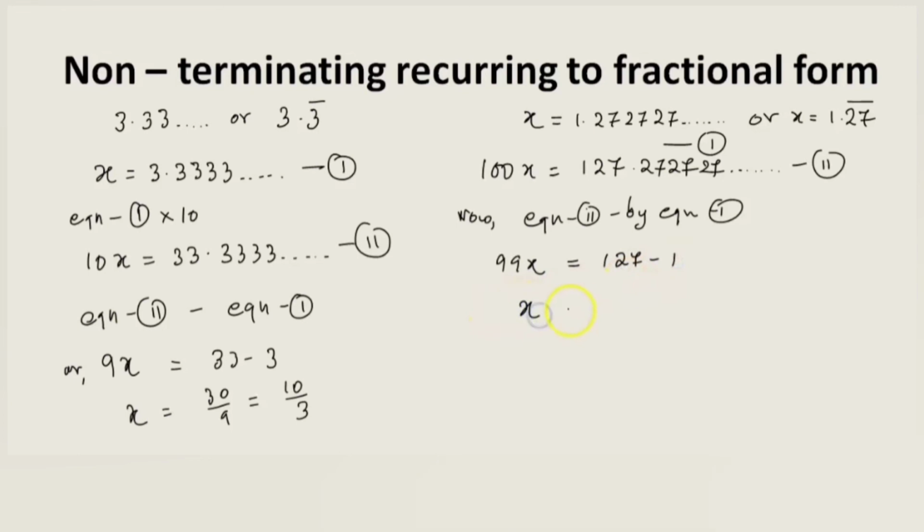So x equals 126 by 99, or you can simplify this and you will get 42 by 33, and again if you divide the numerator and denominator by 3, you will get 14 by 11, which is the fractional form. So I hope you understand.